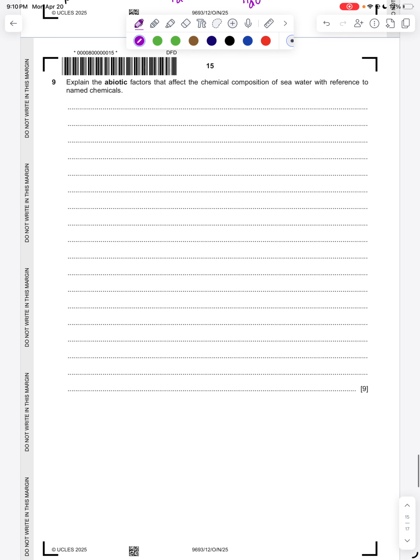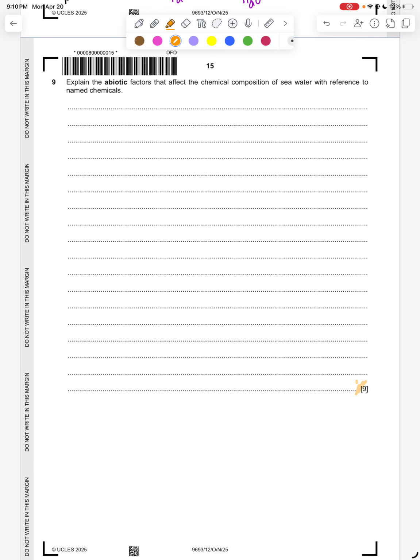Okay, this is kind of like a cluster one. There's a lot we can write about this. In class today, and this is 2026, we kind of did a big brain map of this, but it's explaining the abiotic factors. I really think this should say processes.